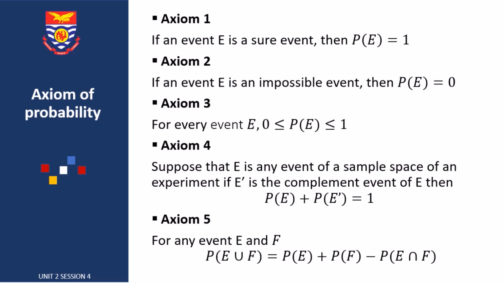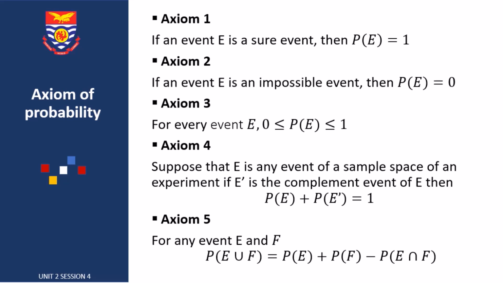So probability cannot be less than 0, neither will it be more than 1. And what are the numbers between 0 and 1? Do you know them? Well, they are proper fractions, right? You got it right. So if its probability is 0, that event is impossible. If it is 1, that is a sure event.